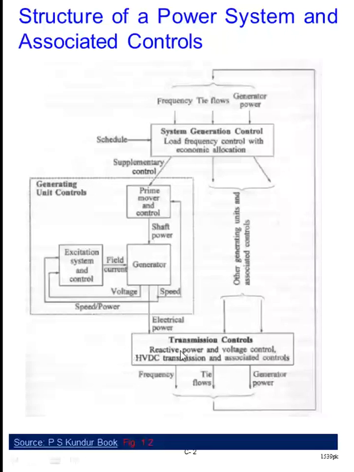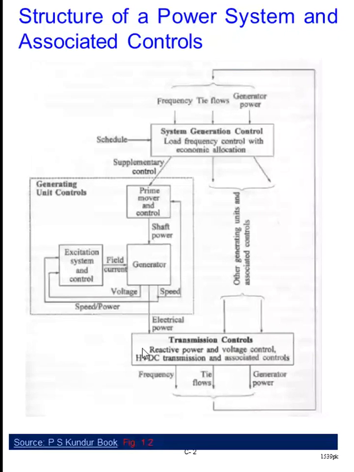And there we have the reactive power control or the voltage control, because your transmission network is interconnected and the buses in the network have to be at a specified voltage, and thus it is very important that the voltage on these buses remains within the limits.